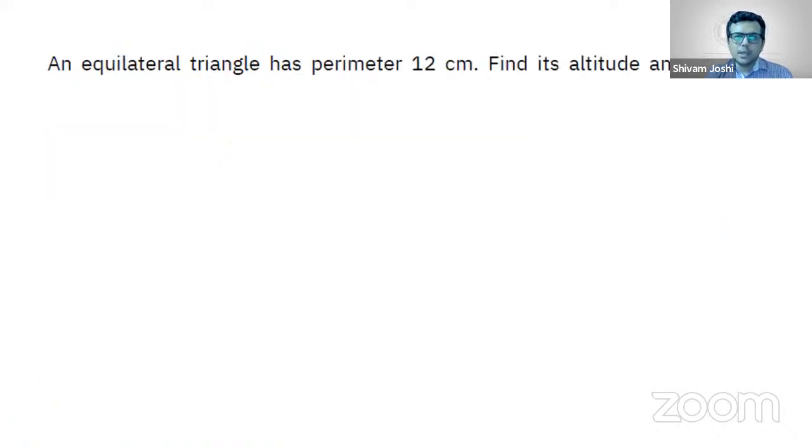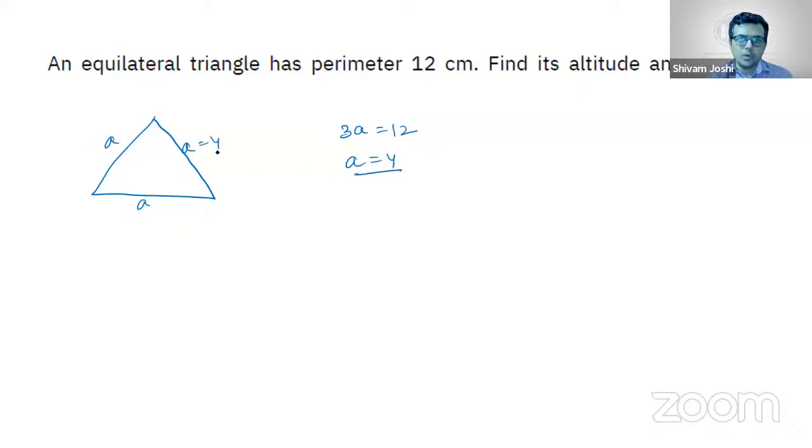An equilateral triangle has a perimeter of 12. 3a is the perimeter, and that is equal to 12, which means a is equal to 4. So each side is 4 here. Now find out the altitude and the area. We know that the altitude of an equilateral triangle is root 3 a by 2, so it is root 3 into 4 divided by 2, which is 2 root 3.